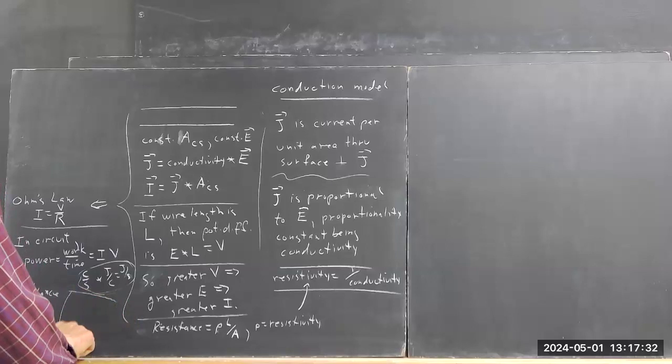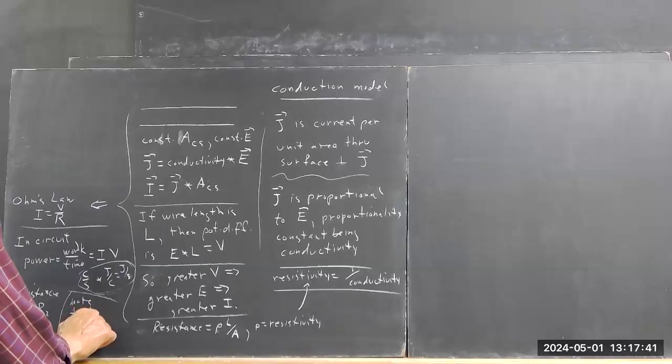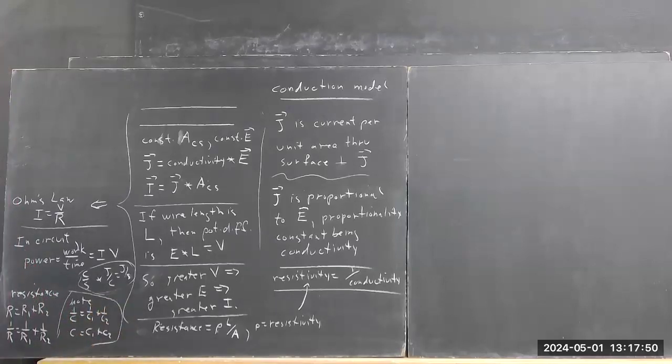Also, capacitance in series and parallel. Okay, relationships have exactly the same form, except what you get. The relationship for parallel here is the relationship for series here. Sorry, the relationship for series here is the relationship for parallel here.